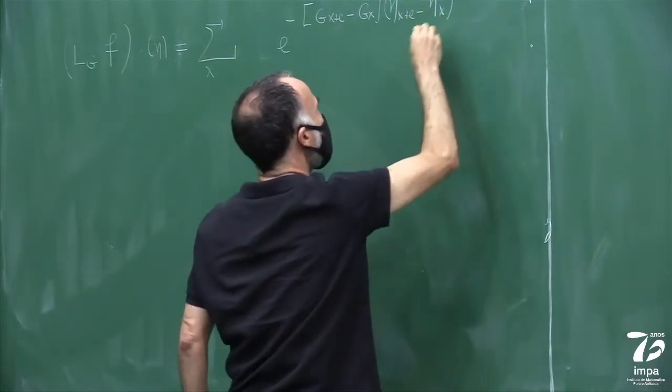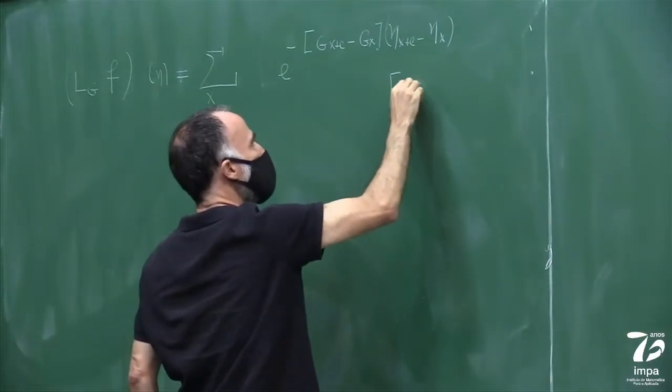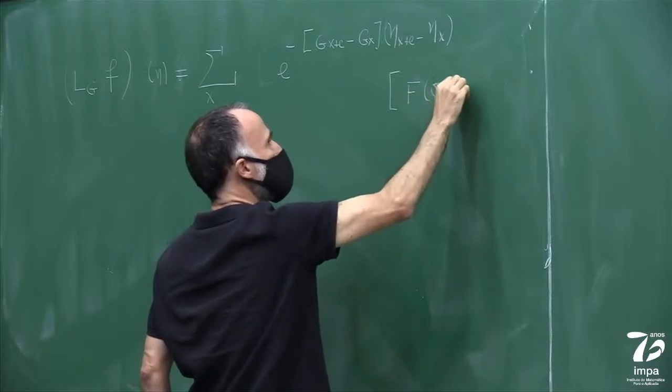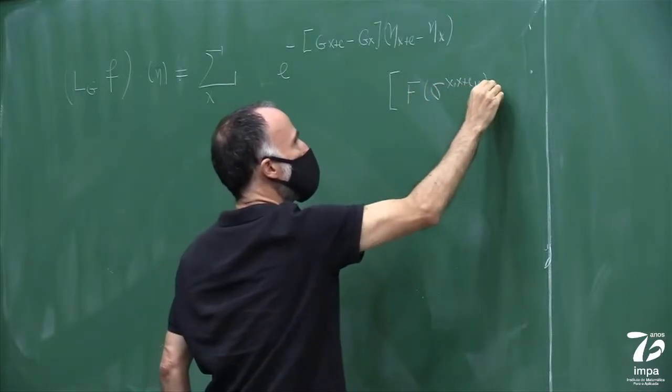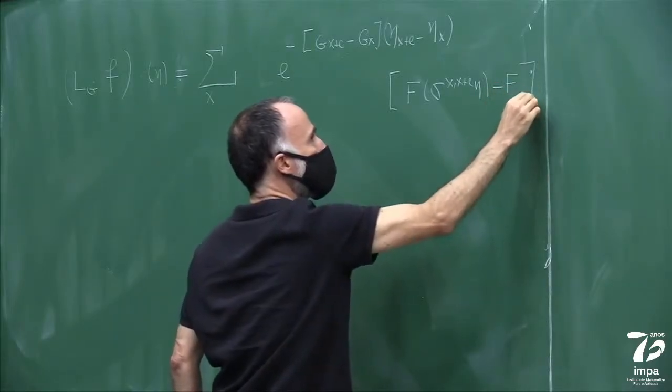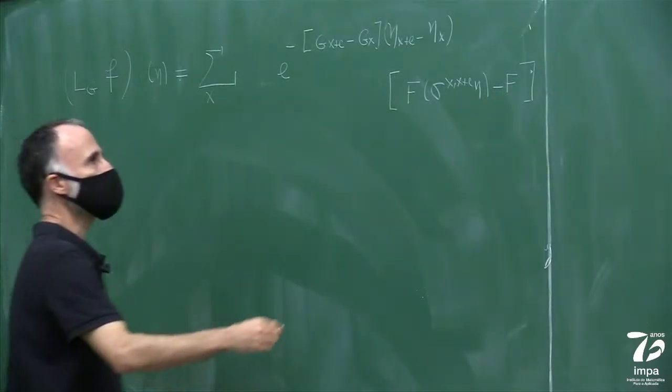And now, and this is multiplying f sigma x, x plus e eta minus f of eta.